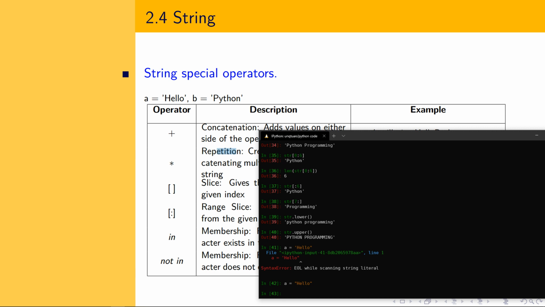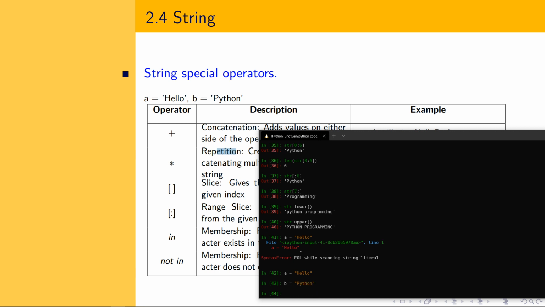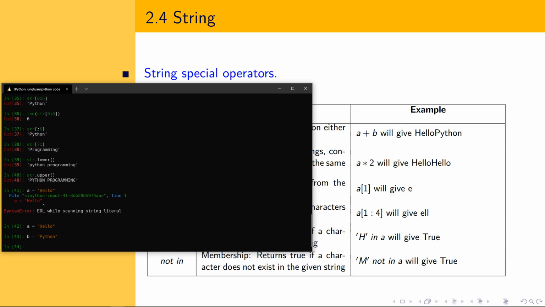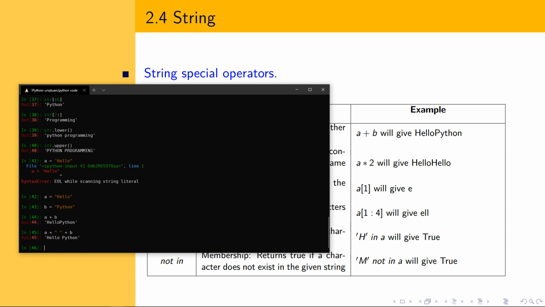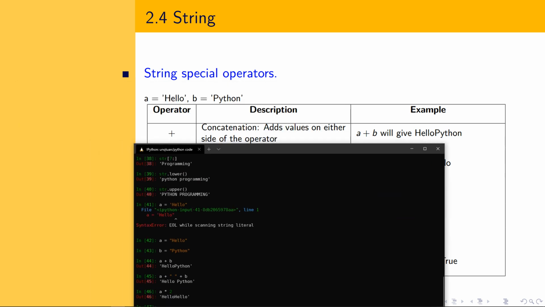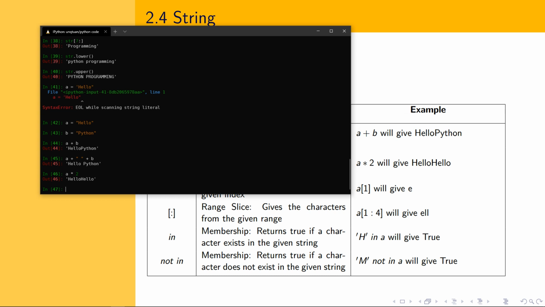So here b equal to Python, and you can do the concatenation a plus b, equal to hello Python, and you can also include a space. And a star 2, you see hello hello, which is the repetition of the string.